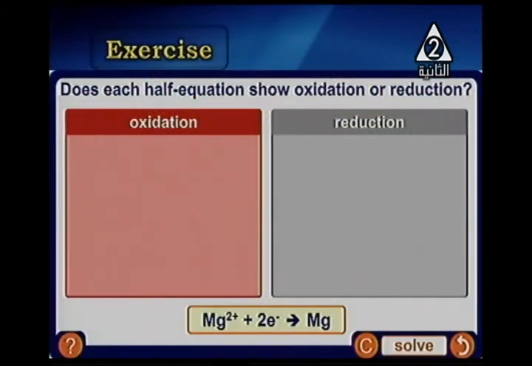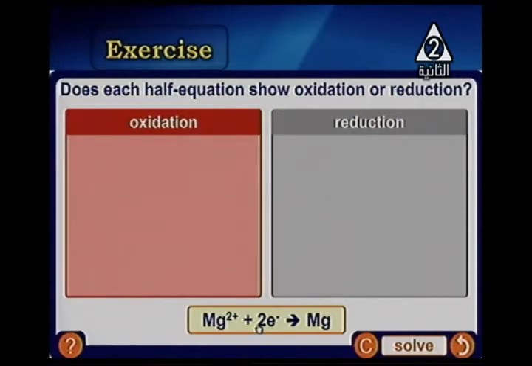After that, we have a small exercise like the booklet. Here we have: does each of the half equations show oxidation or reduction? Which one is the equation that represents oxidation and which one reduction? Here we have the first one. It's Mg positive 2 plus 2 electrons.